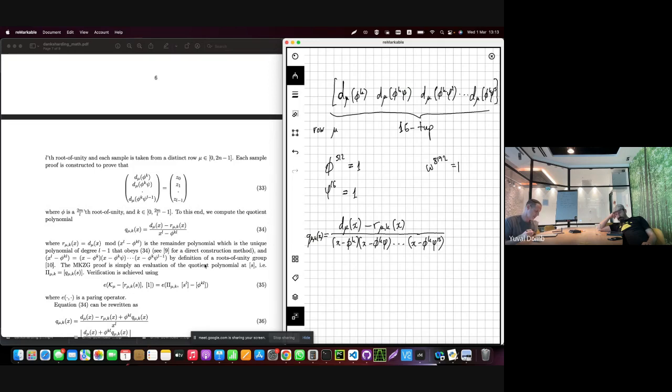That's the quotient polynomial that I would get. And we know from a basic identity that this is equivalent to x to the L minus phi k to the L. That's just an identity, and that's how I get the Q polynomial.